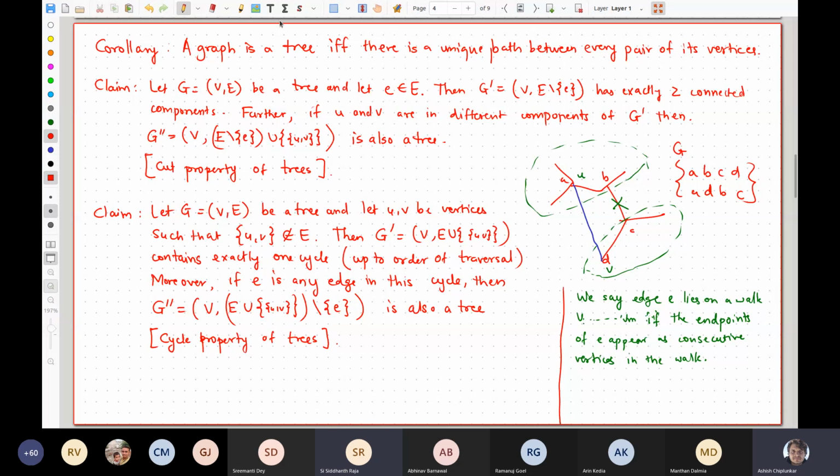Sir, could you repeat what is meant by order of traversal? Yeah, so basically I am saying that whether you traverse the cycle in the order A, B, C, D, A, or whether you traverse it in the order A, D, C, B, A, I want to count it as one cycle. That's what I mean by order of traversal of a cycle. Achha, okay, sir. Otherwise, you can never have a single cycle in a graph, technically.